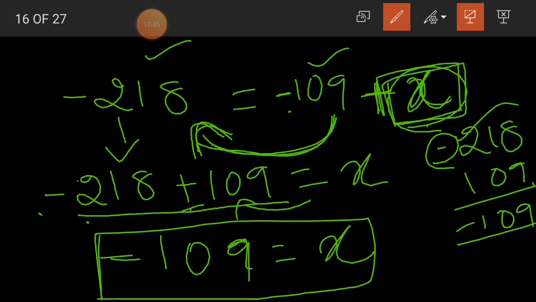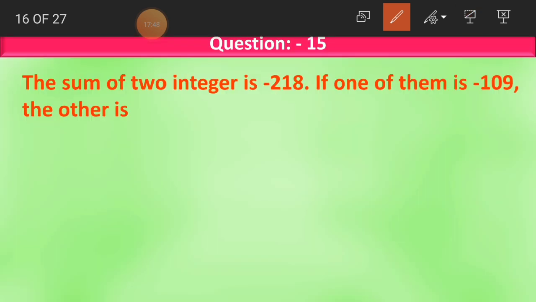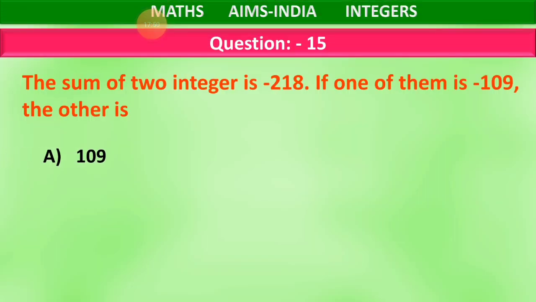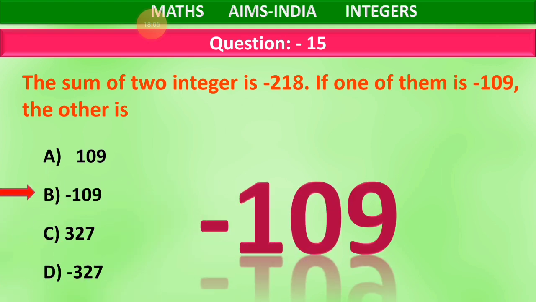We got minus 109 as our other integer. Let us look at the options now. Option A 109, option B minus 109, option C 327, option D minus 327. So the correct answer is option B minus 109. Clear, class?